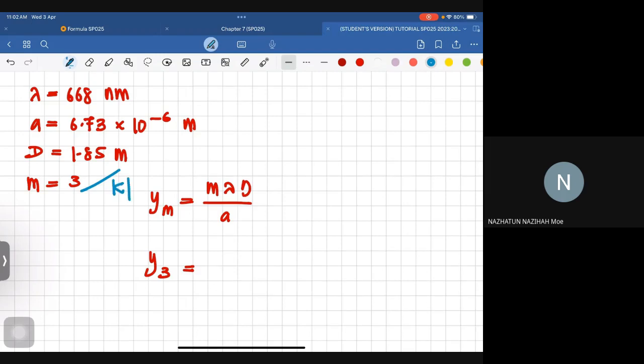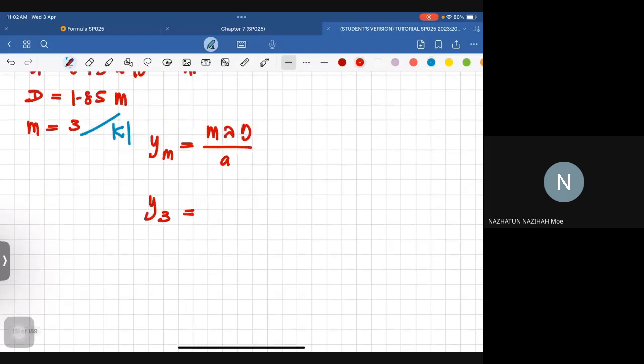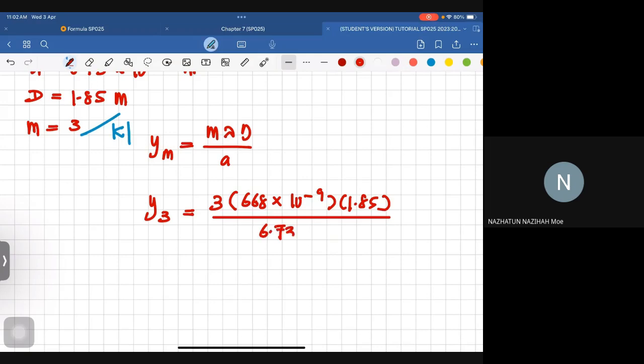Sebab dia tahu kamu dapat identify the order number. So from here, substitute, 668 times 10 negative 9. This is 1.85. This is 6.73 times 10 negative 6. So you will get 0.551 meter. Okay, ada soalan?